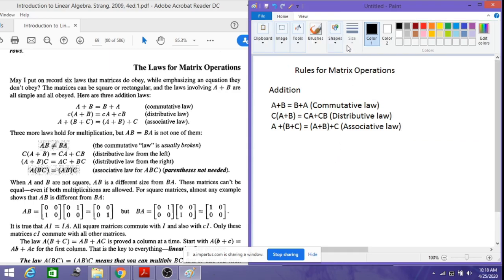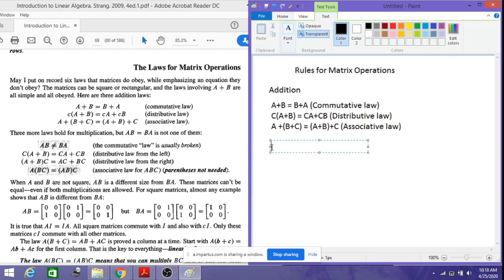Now let us look into the multiplication. There are slight changes in terms of the multiplication of the matrices. It will not satisfy all of these properties and laws.